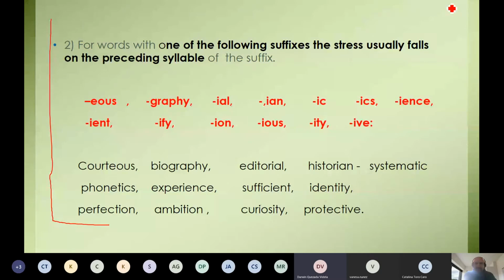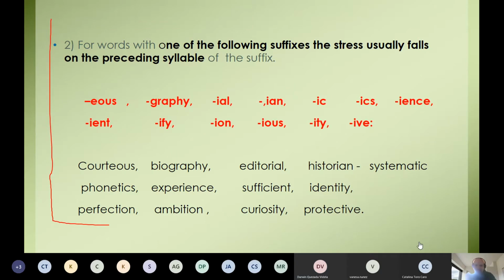Courteous, biography, editorial, historian, systematic, phonetics, experience, sufficient, identify, perfection, ambition, curiosity, protective.